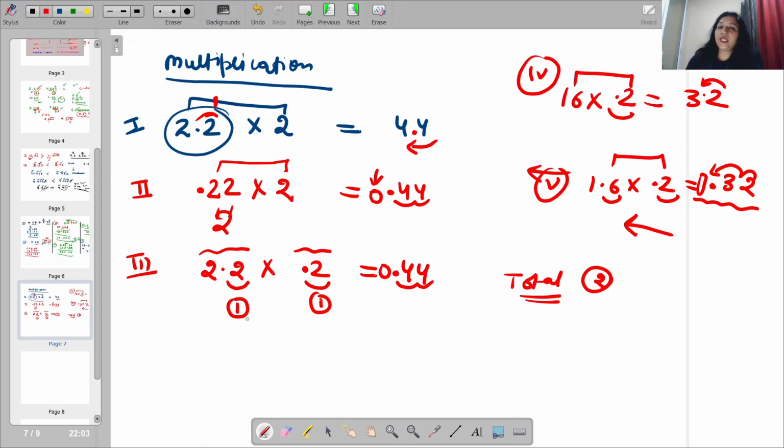Right? अब हम देखते हैं if we multiply the decimal number by 10, 100, 1000, तो what happens?